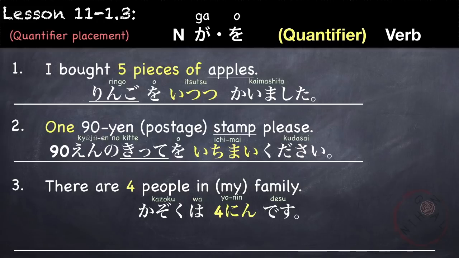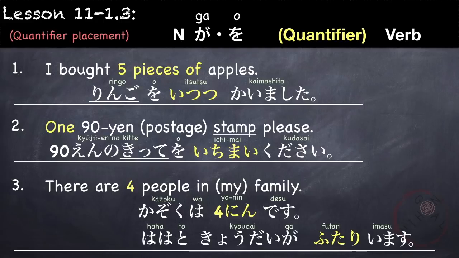For example, 母と兄弟が2人います。So, 母 means mother, 兄弟 means siblings, brothers or sisters, が2人 means 2. So, mother and 2 brothers or sisters. So, we say 4 because it includes yourself. Myself, my mother, and 2 siblings. So, 4 members or 4 people.